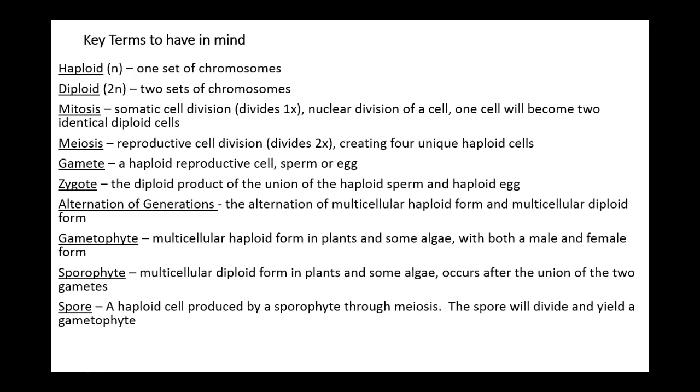And then this alternate generations, that's what the brown algae does. It lives in this alternate generations, where both the haploid and diploid can be multicellular and can actually have a lifespan much longer than what we think of when we think of a gamete.